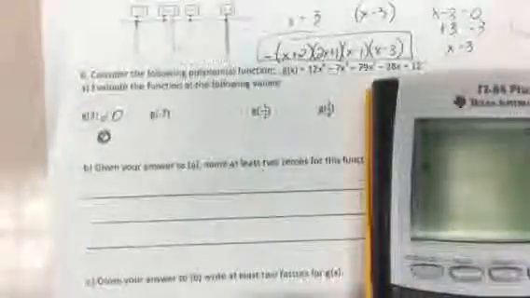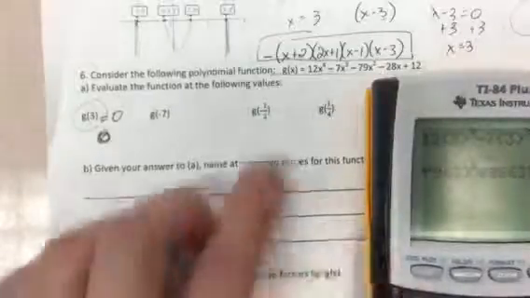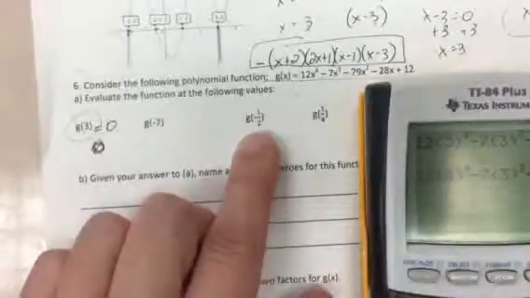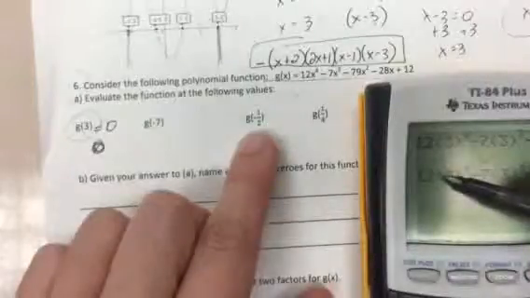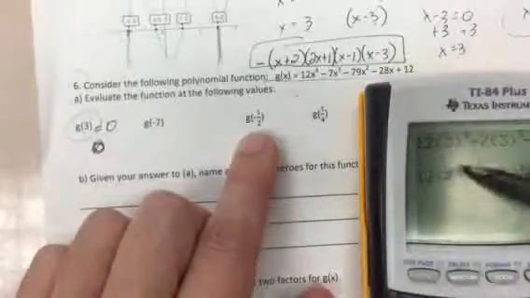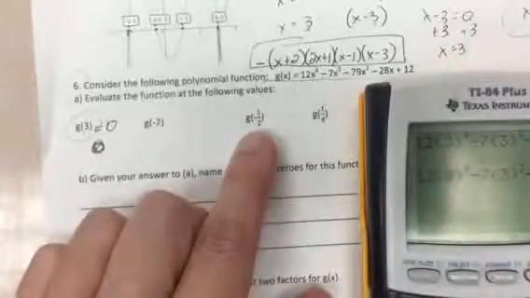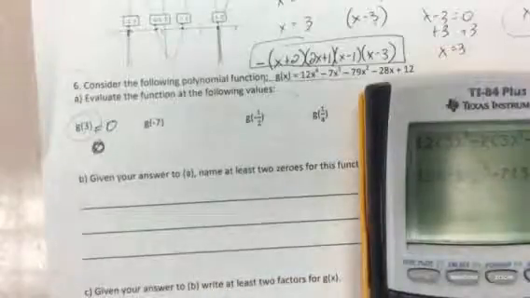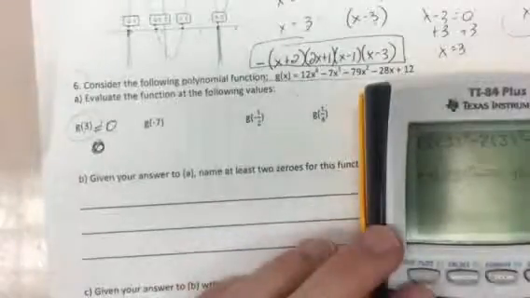Now I want to do the same thing. I want to take what I just entered, but this time I'm going to skip to the -1/2 part. I'm going to enter in -1/2 here, and then it really matters that it's in parentheses because we want the calculator to understand that the negative is part of the number and not something that happens after you do the exponent. So negative, and then I'm inserting 1/2 for each of these.